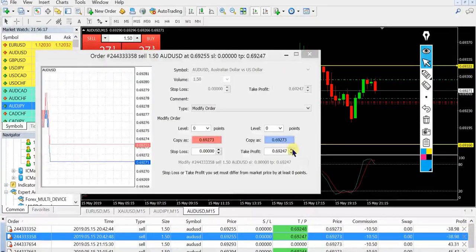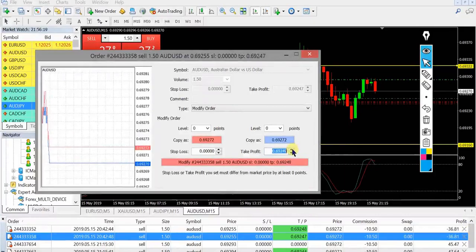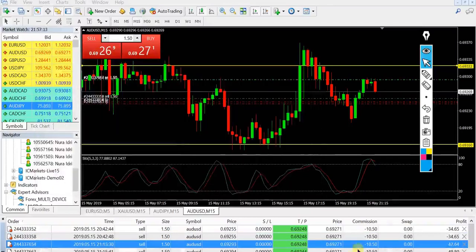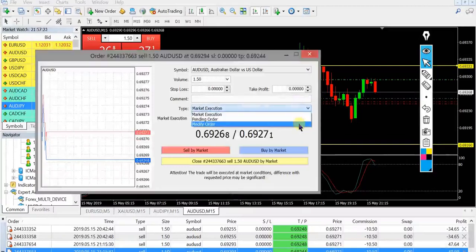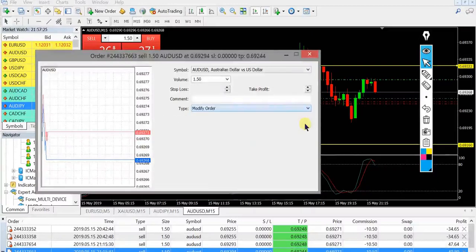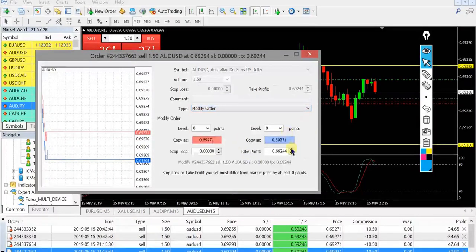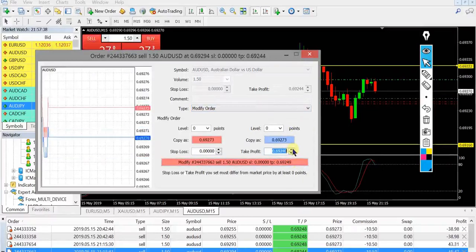I think it's the highest for now. Always do that, to make sure that you adjust your take profit, so that when the market comes down, you hit your take profit, then you take the profit for you automatically. It's very, very important.